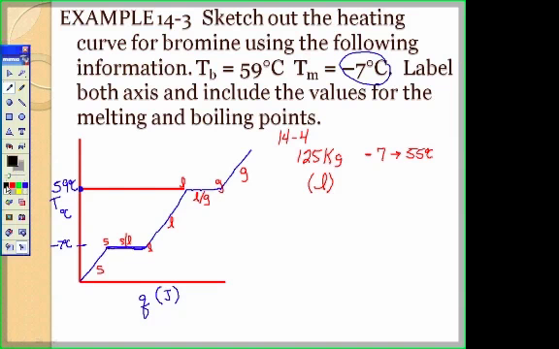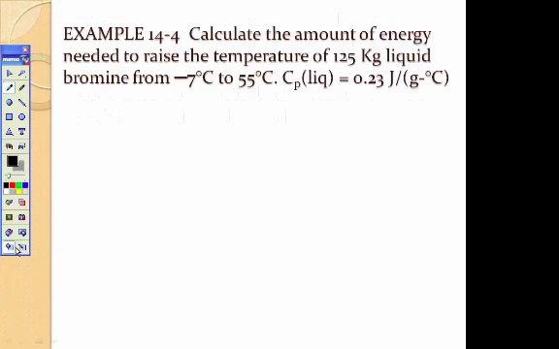So on our chart we had liquid bromine at minus 7, and we're going up to 55, which means there's no phase transition in this one. All we're going to need is mcΔT to do this problem. And so let's move on to the next slide and work that problem out.